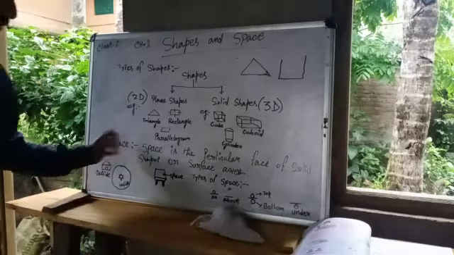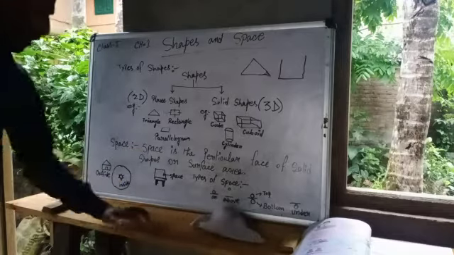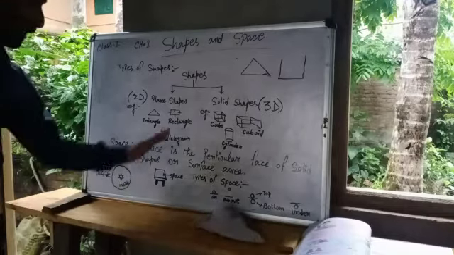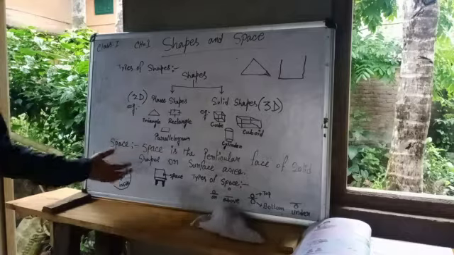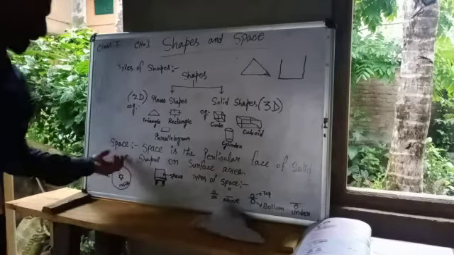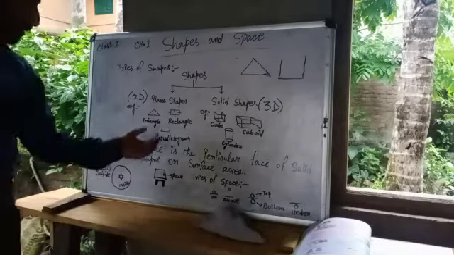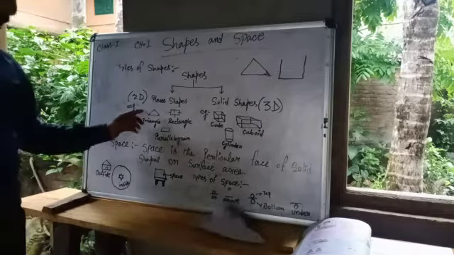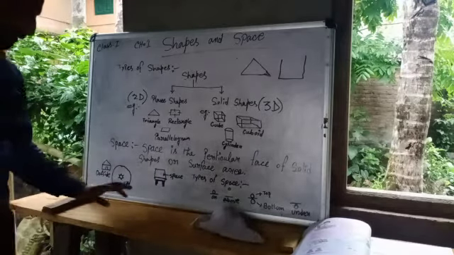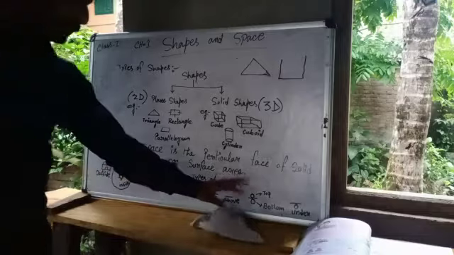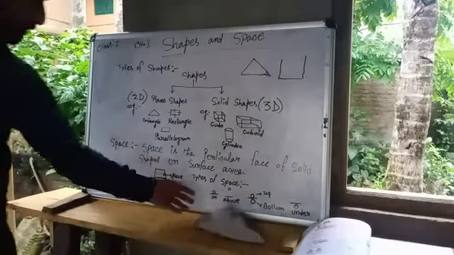That is called the space, a particular face of a solid shape. If it is a solid shape, we get a surface area or space. Plane shapes do not have any space. So now the types or examples of space.